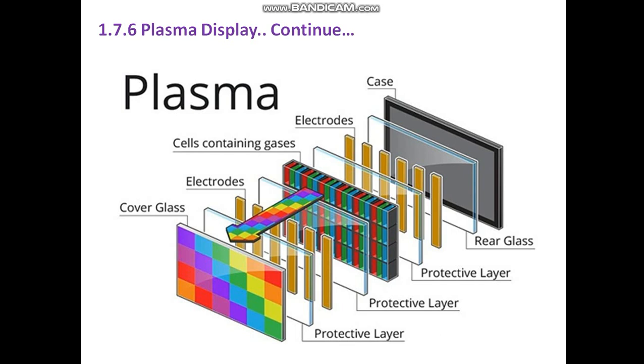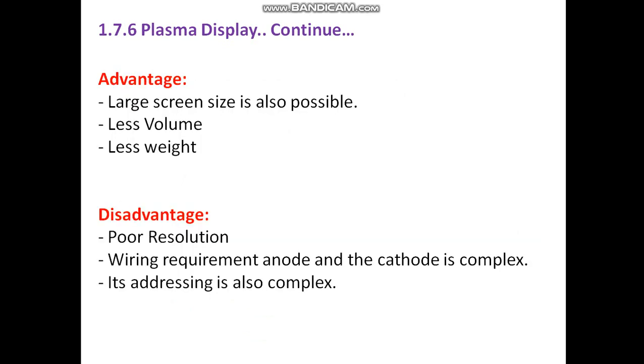When we apply the voltage between the electrode and the gas within the panel, it behaves as tiny cells, and these tiny cells emit light to our display device. And there are advantages and disadvantages.